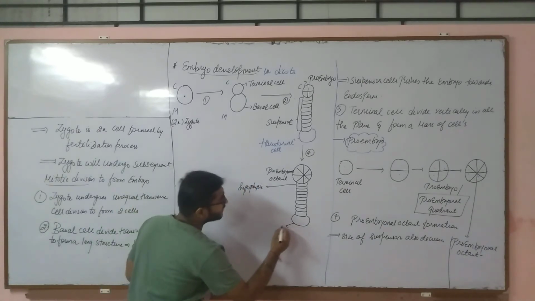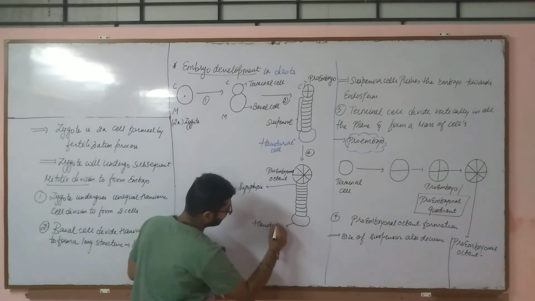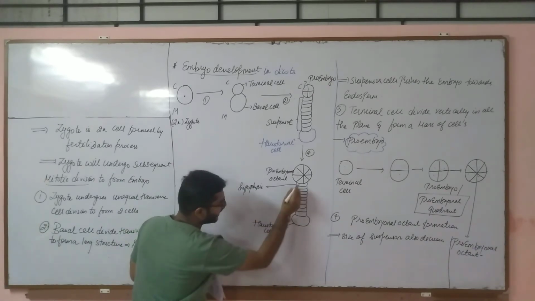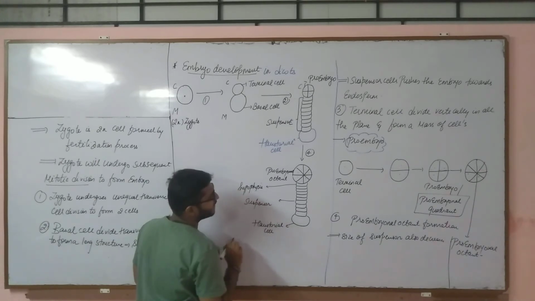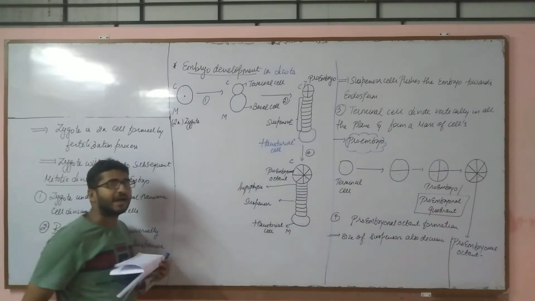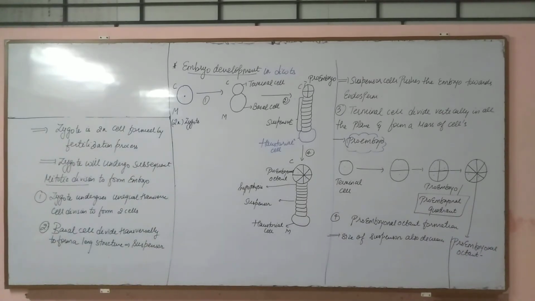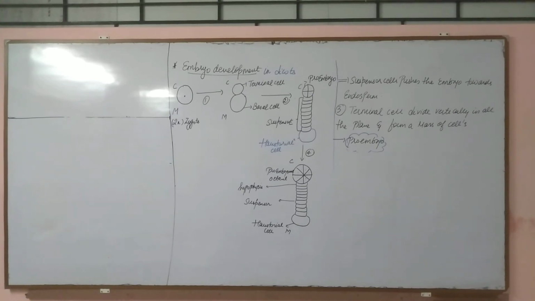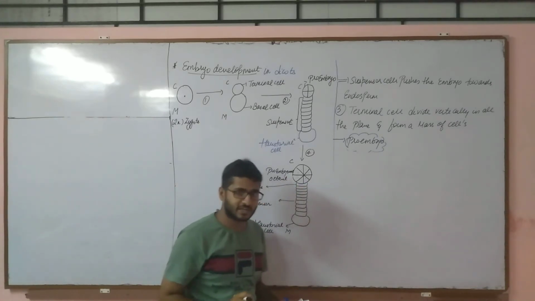This is the normal basal cell, and this entire structure is the suspensor, and this is the chalazal end, and this is the micropylar end. Okay, so this pro-embryonal octet is formed.